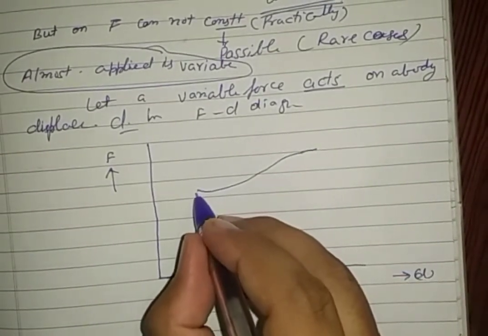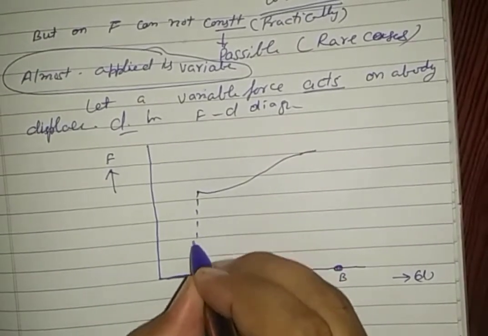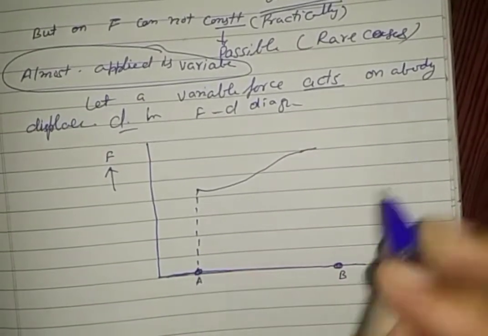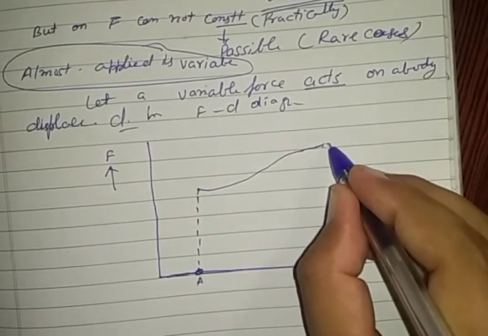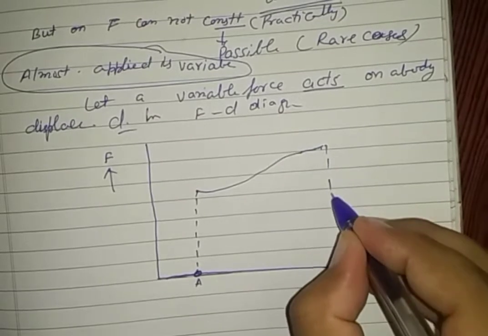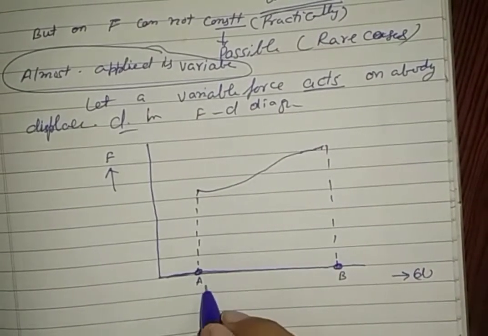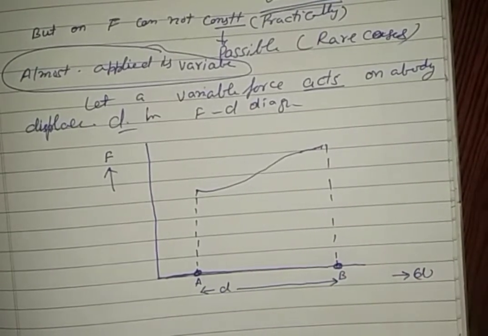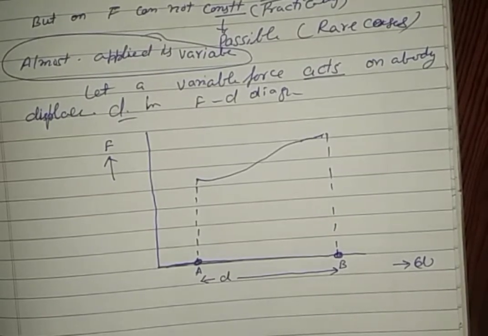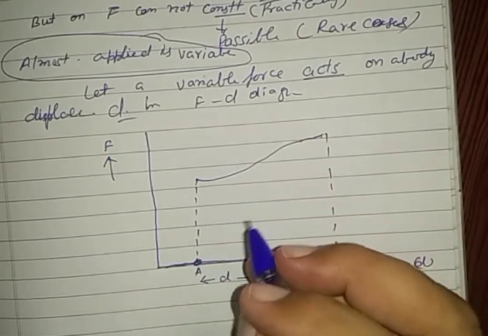See here, at point A the applied force value is this, and when it reaches point B the applied value is this. The distance between A and B is represented by the displacement. Now we need to calculate the work done.